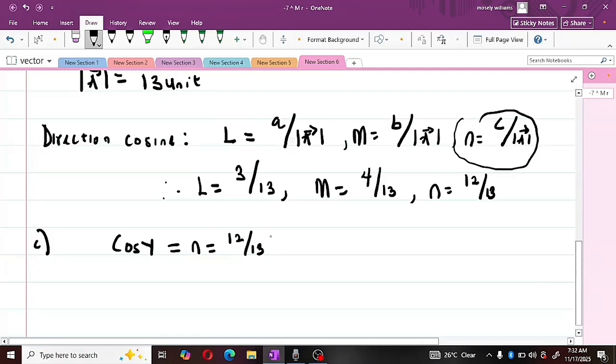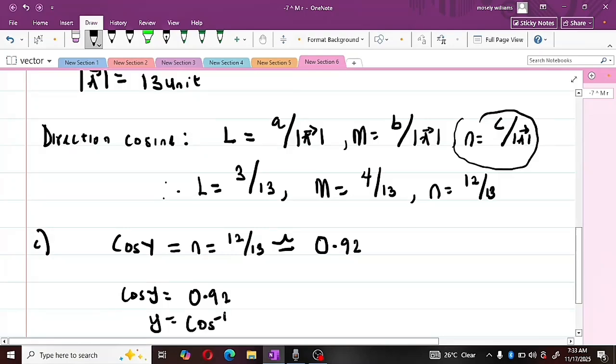If we find our division here, it is approximately equal to 0.92, right? So we can now say that cos gamma is equal to 0.92, and our gamma will be equal to the cos inverse of 0.92, which implies that the angle should be 23.6 degrees.